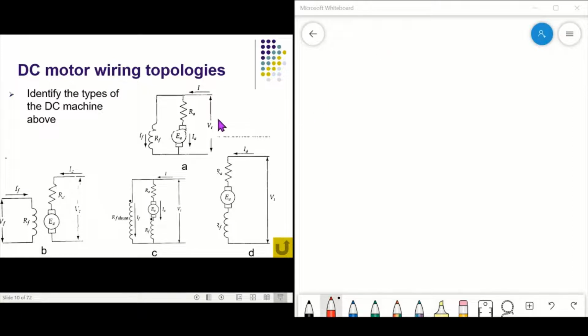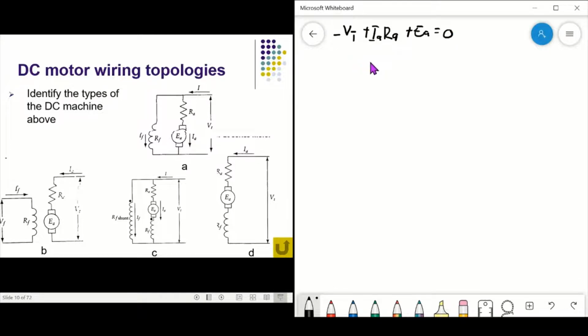KVL in the armature is given by minus VT plus IA RA plus EA equal to 0.